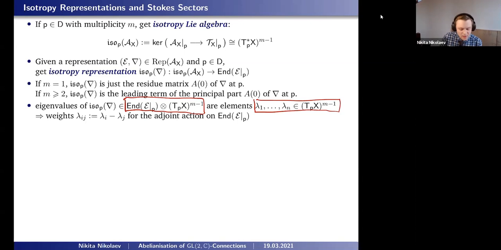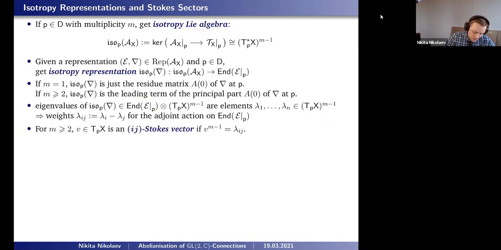So these differences of eigenvalues are the weights of the adjoint action, and those are the elements that I really want to consider. So these are lambda ij, they are again symmetric m minus first powers of elements of the m minus first symmetric power of the tangent space.